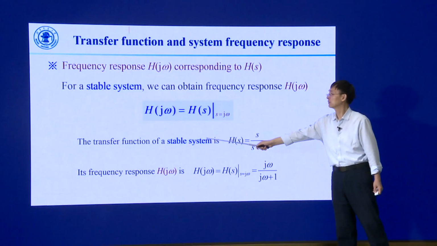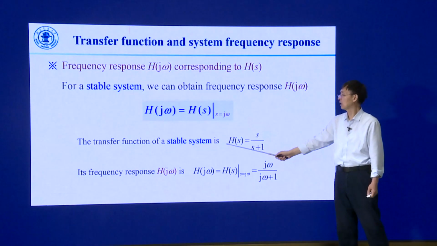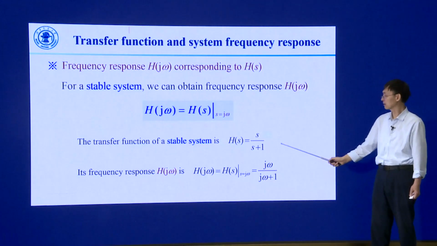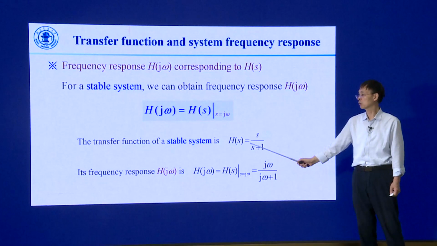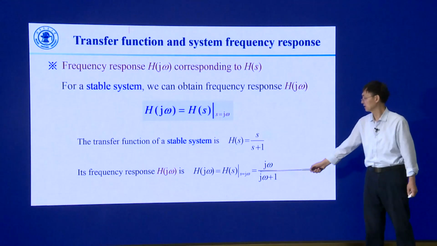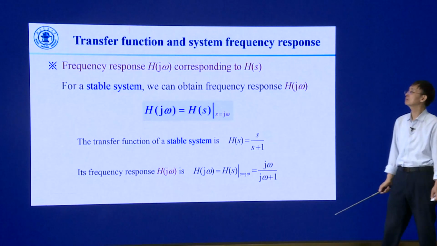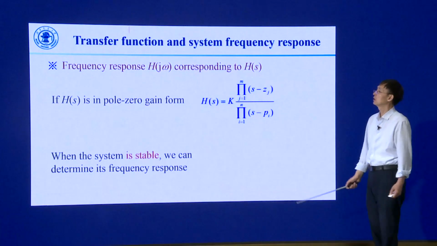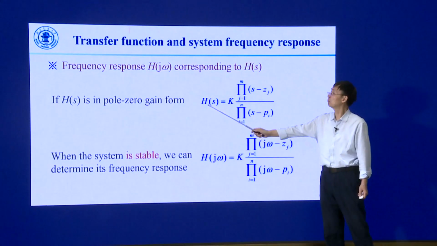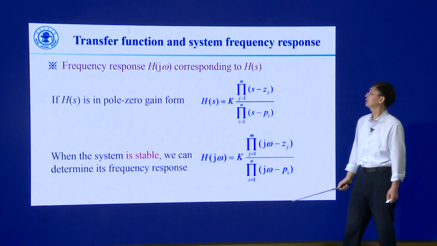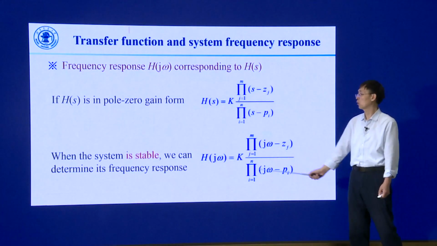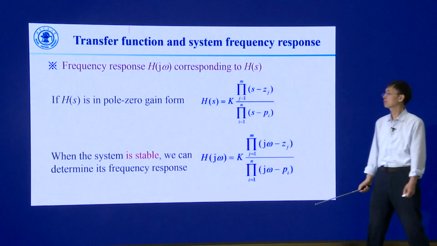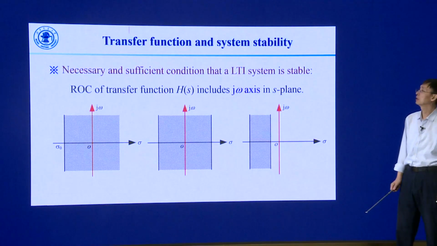For example, if the system is stable and its H(s) equals s over s plus 1, we can get its frequency response H(j omega) as this equation. So, if H(s) is in pole-zero-gain form and the system is stable, we can get the frequency response in this equation.